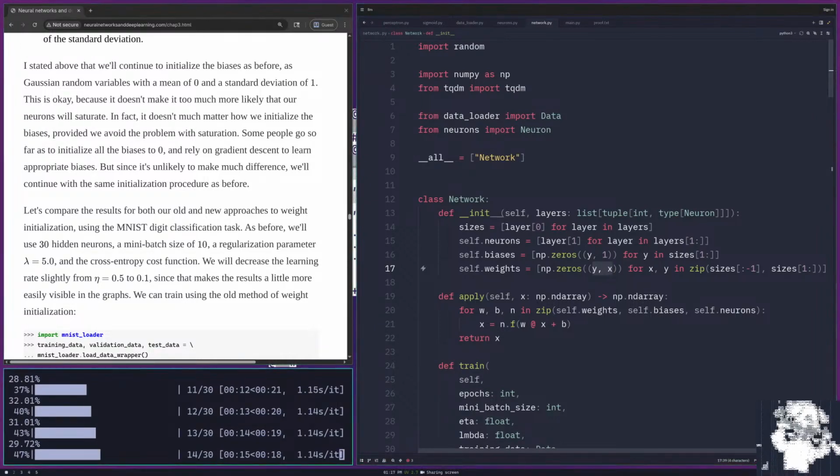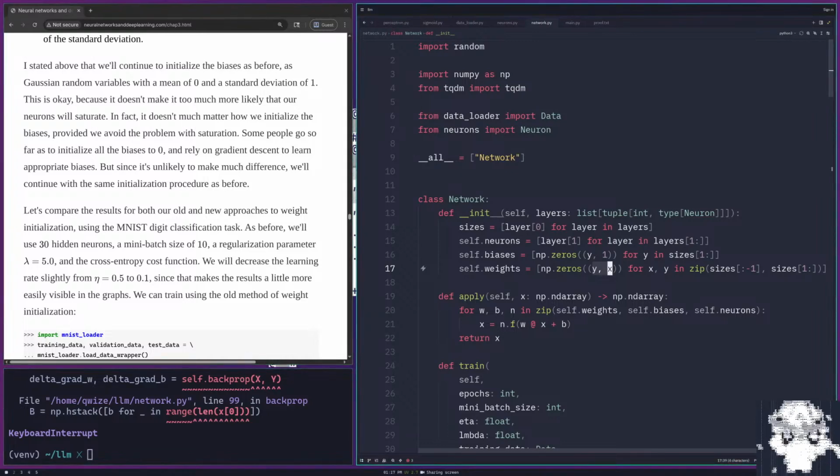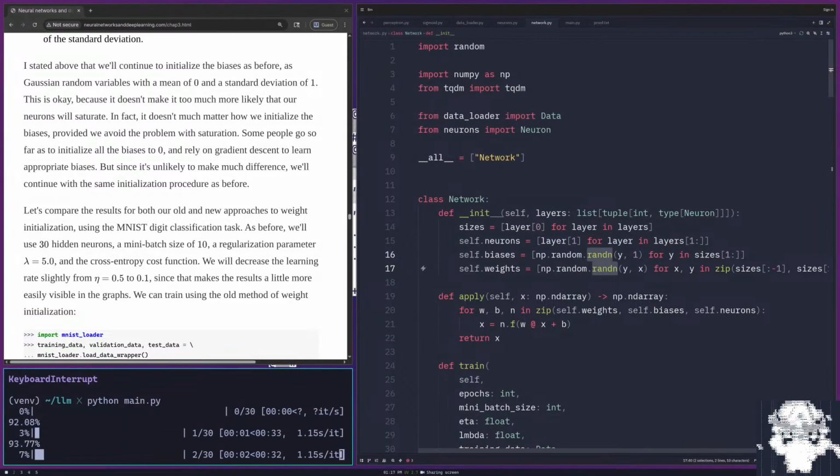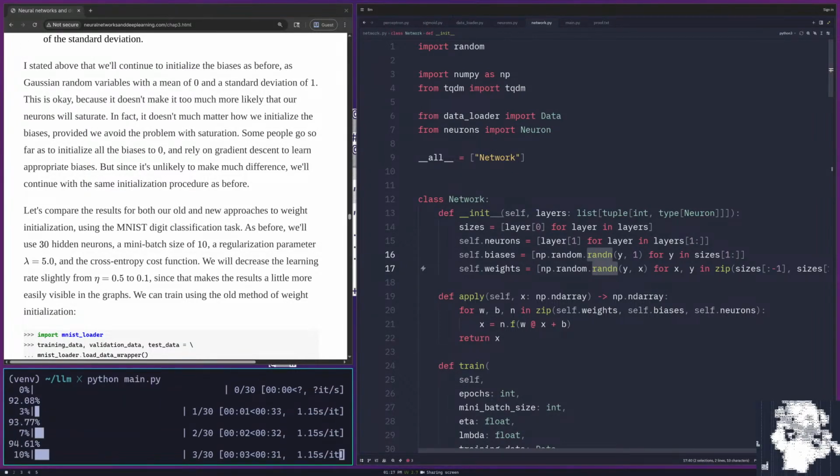Okay. Versus if it was random. It starts at 91 and then 93, right? 92, 93, 94. Okay.